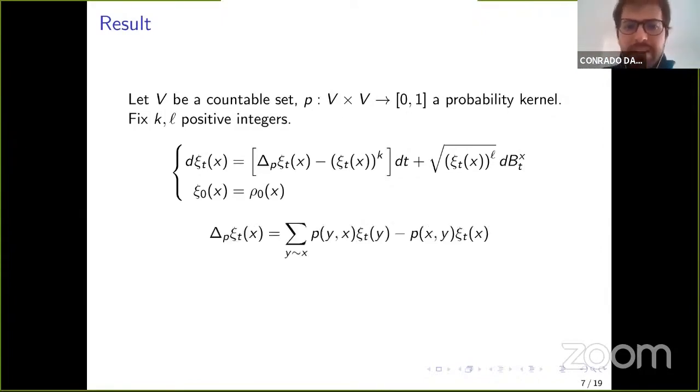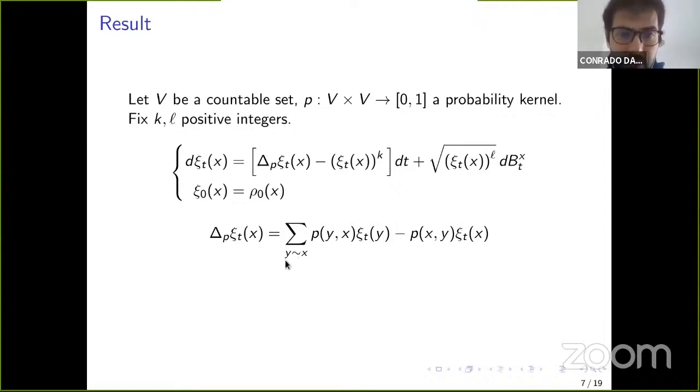The discrete Laplacian is dependent on the probability kernel, so it captures the geometry of our space. What we're doing here is that we are seeing the net flow of mass across the graph. And this is driven by the rate at which particles jump from one place to another.